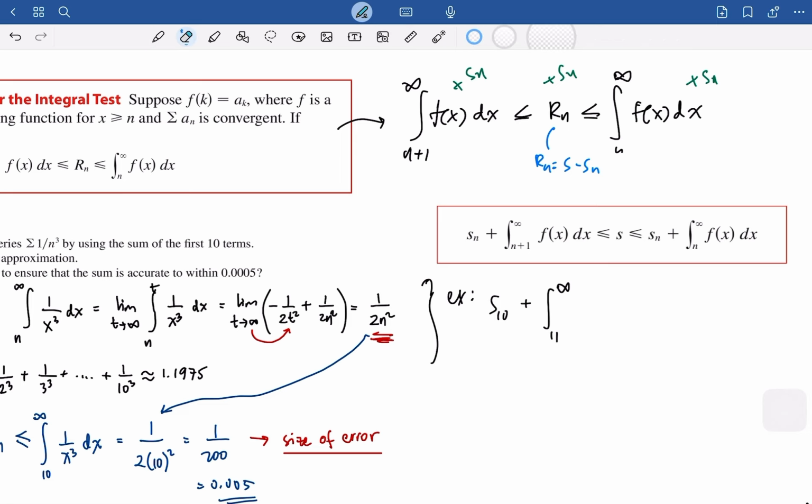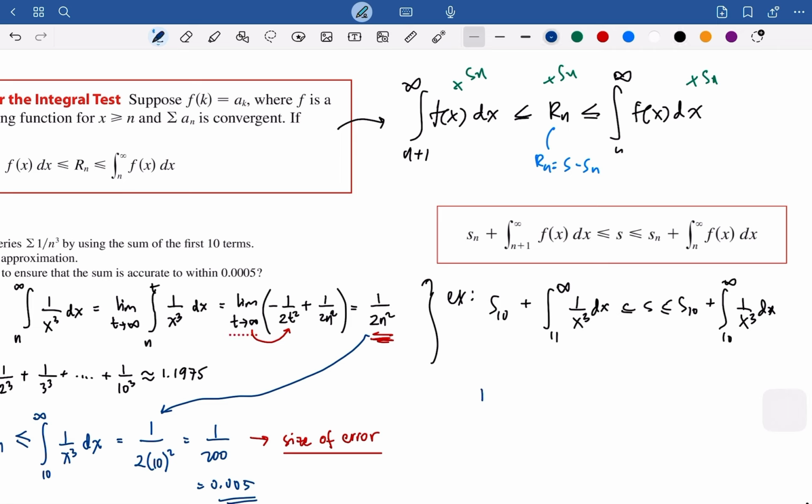Let me just write the equation: the integral of 1 over x cubed dx less equal S less equal S10 plus the integral from 10 to infinity of 1 over x cubed dx. And we get S10 is 1.19 from here.